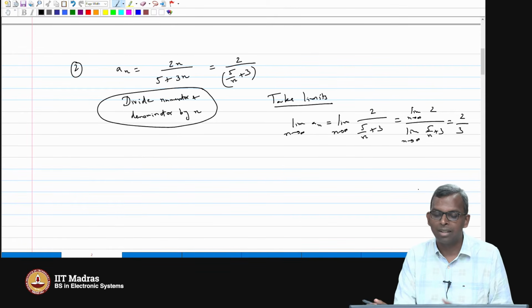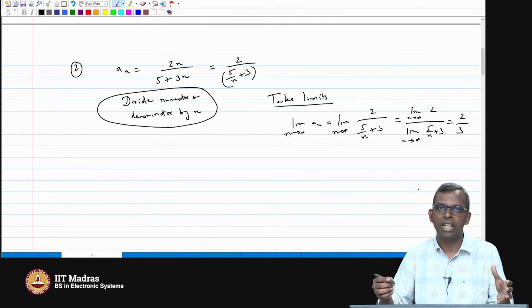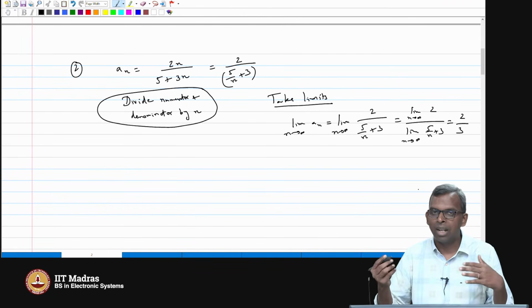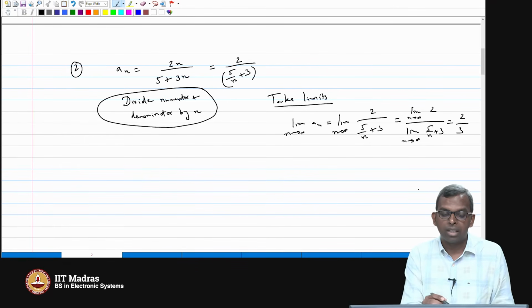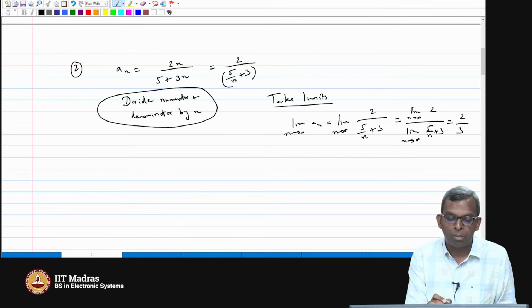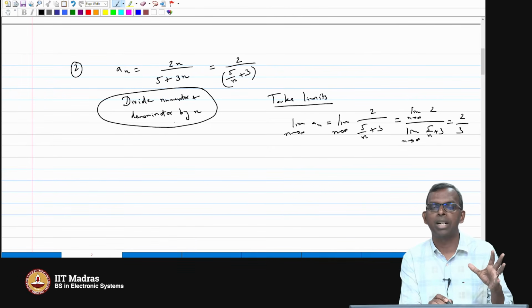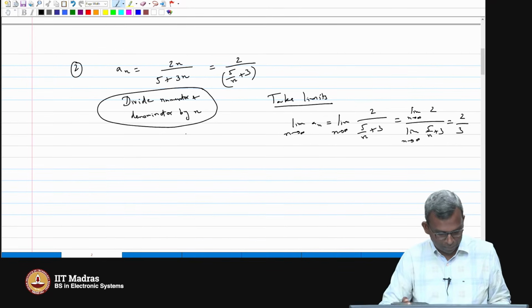So this is like taking limits on an expression and using our wonderful combining rules for finite limits, we're able to do it very easily. And notice this trick here: I went from this infinite limit problem to the finite limit case just by dividing numerator and denominator by n. This is a very powerful trick to convert problems that don't fall into our bucket of finite limits into finite. Okay, this is problem 2.